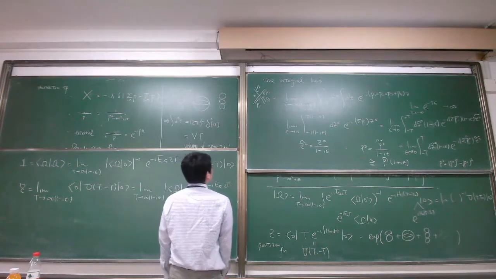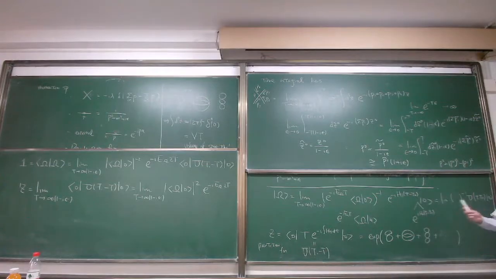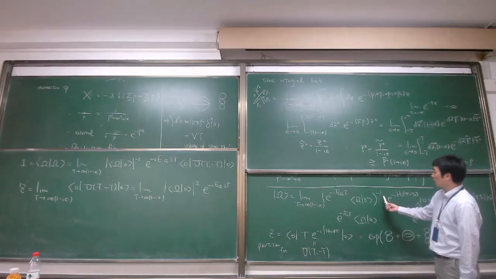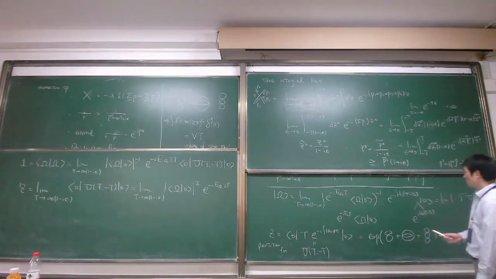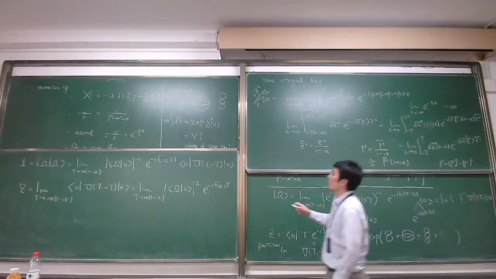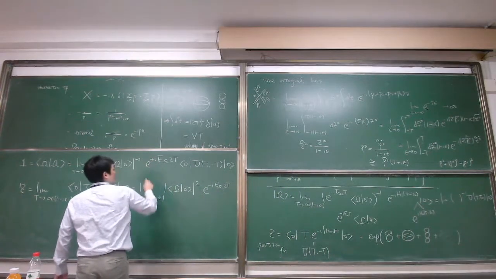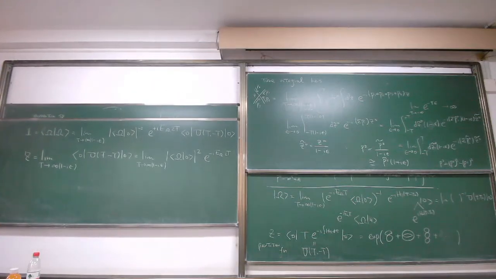Well, that sounds a bit strange. Let me check my calculation. No, I think this should be plus, and this should be okay. So a factor of 2t is missing.